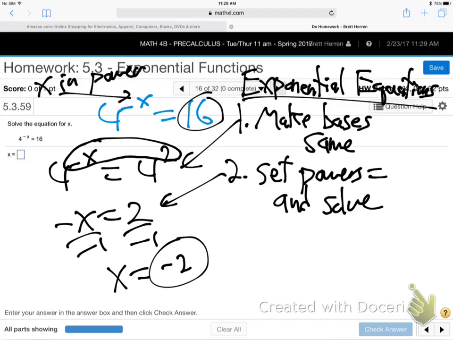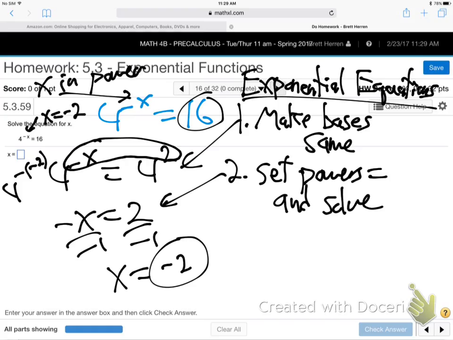And we did it. Now, you might have been able just to guess at that answer. You can see it's right. If you let x be -2, that'll be 4 to the 2, in other words 4 squared, 16. You probably could have just guessed at that instead of all this fancy stuff, but we'll need those steps in a minute, when they get harder.